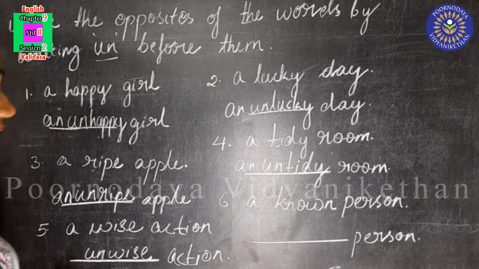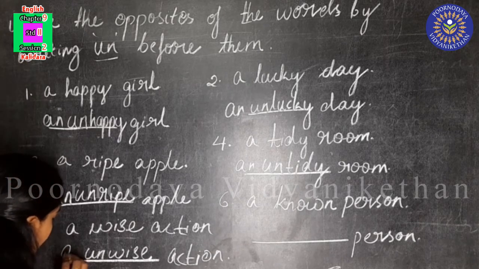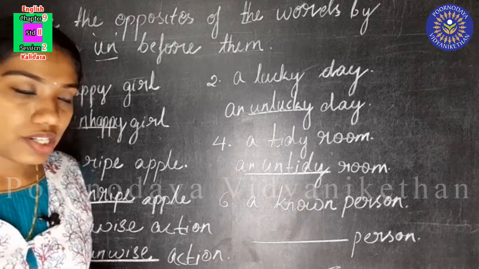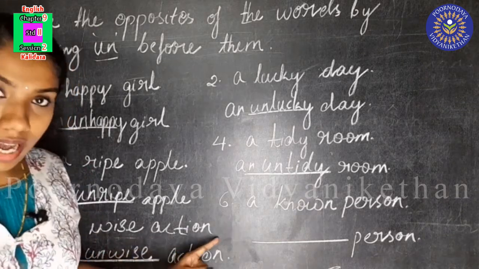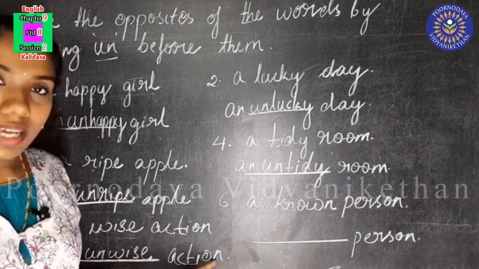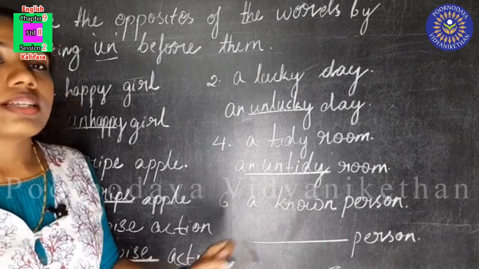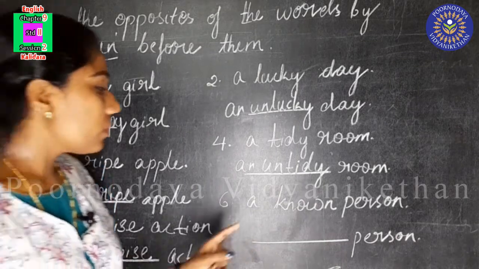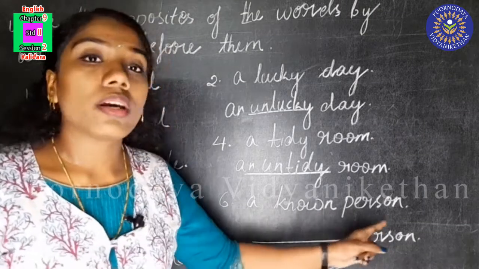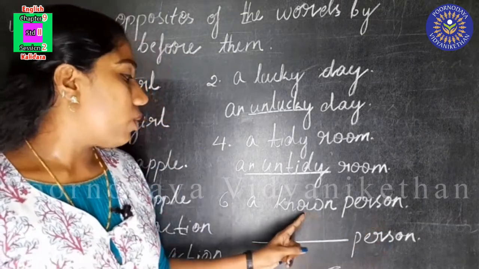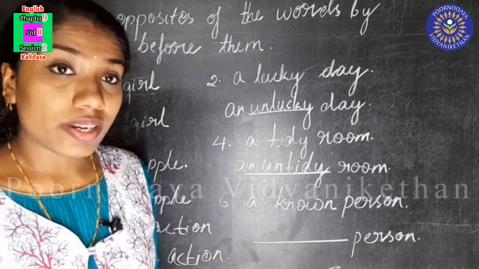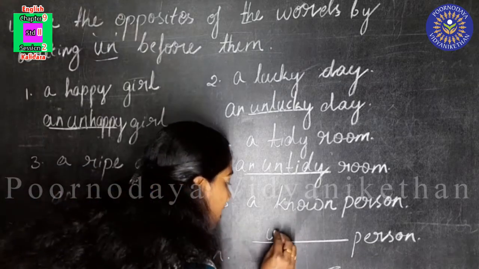Yes, an. An unwise action. A wise action. Opposite is an unwise action. Now here is the last one. A known person. Now can you tell me what is the opposite of known? Yes, unknown.